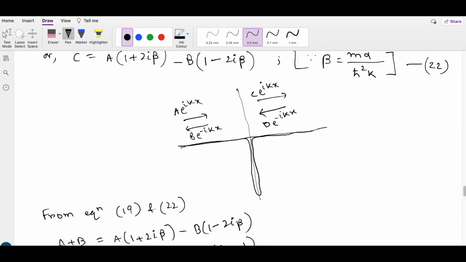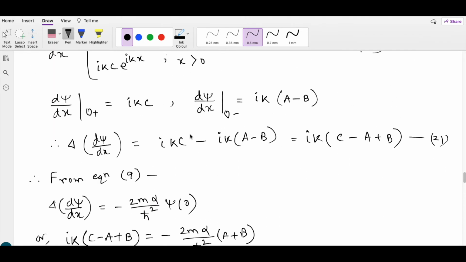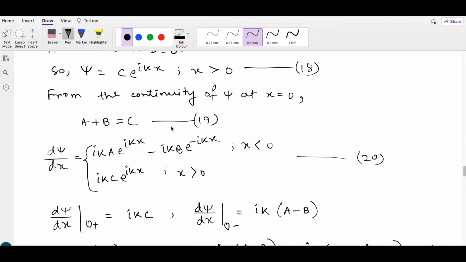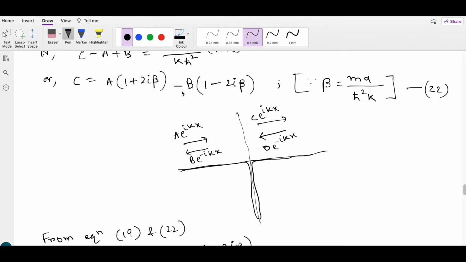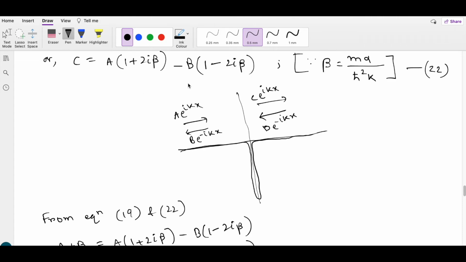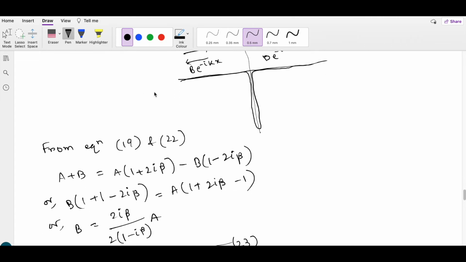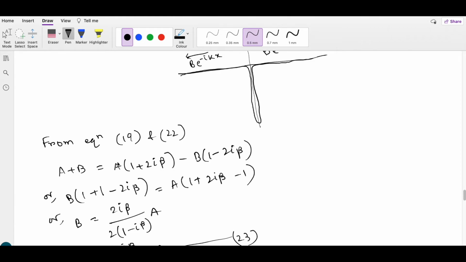So from equation 19 and 22, 19 is this equation a plus b equals c, and 22 is this equation c equals this one. We can equate the a, b part from both the equations. So a plus b equals a(1 plus 2i beta) minus b(1 minus 2i beta).